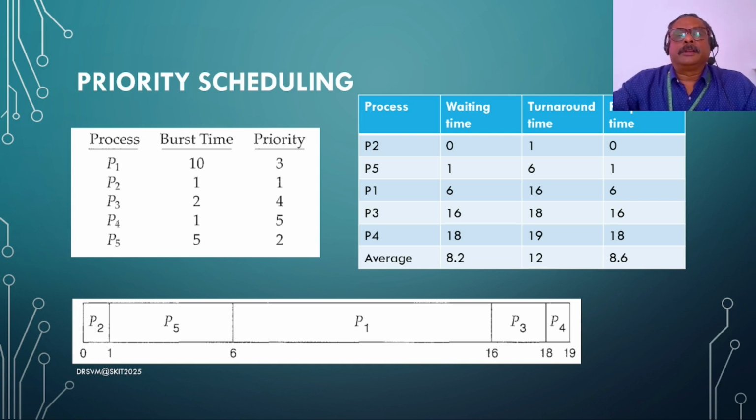It may be an ambulance, it may be a minister's car, it may be a common man's vehicle. Definitely the ambulance should get the highest priority over the minister's car and even the common man's car. So the highest priority is given to the ambulance, the next priority is given to the minister's car, and finally it is the common man's car.